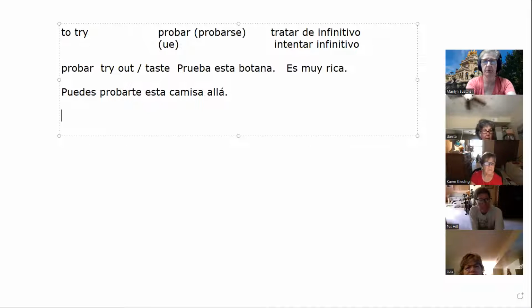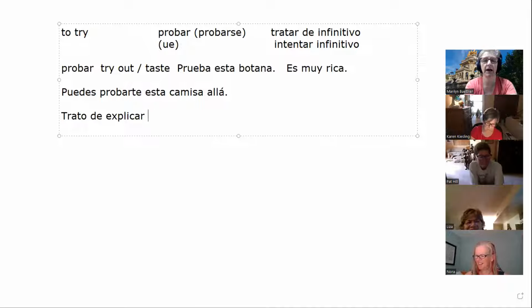Entonces, por ejemplo, trato de explicar to try en español, ¿ok? Bien, trato de explicar to try en español.